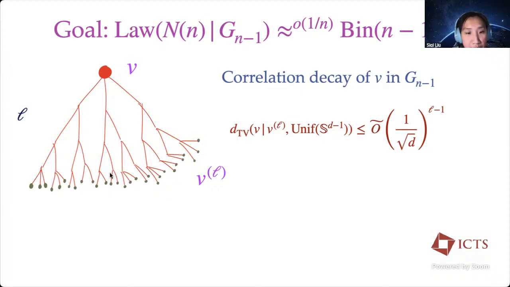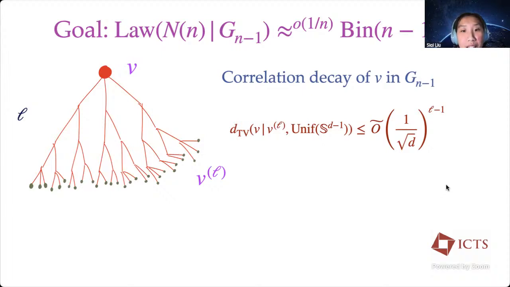Then, conditioned on these assignments, the vector that we assign to V, the root of the tree, is going to be upper bounded by something. And that something is just saying that when our dimension D of the sphere is large enough, then this distribution of V conditioned on all its leaves will essentially still be uniform.